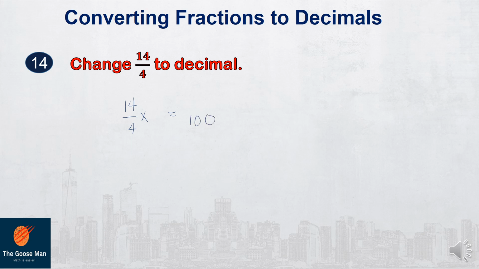And that number is actually 25. So 4 times 25 is equal to 100. And then 14 times the same number, 25, is equal to 350. Okay, so I have now 350 over 100.